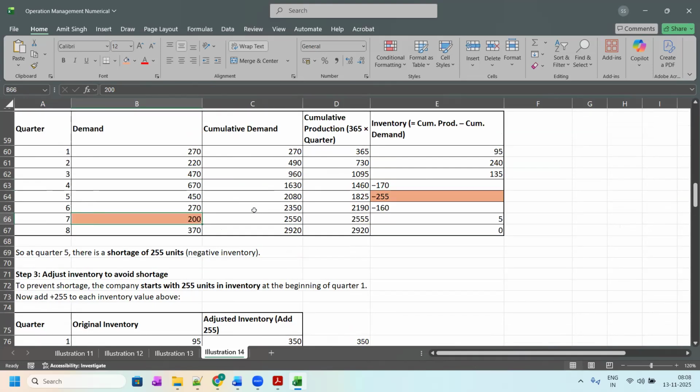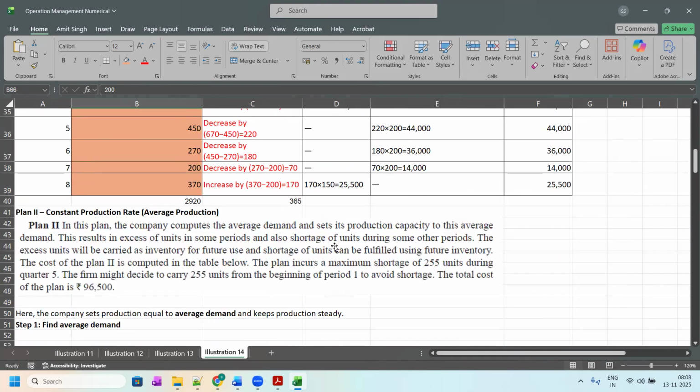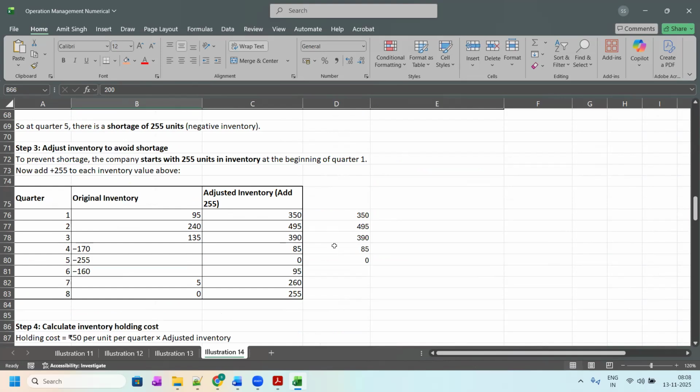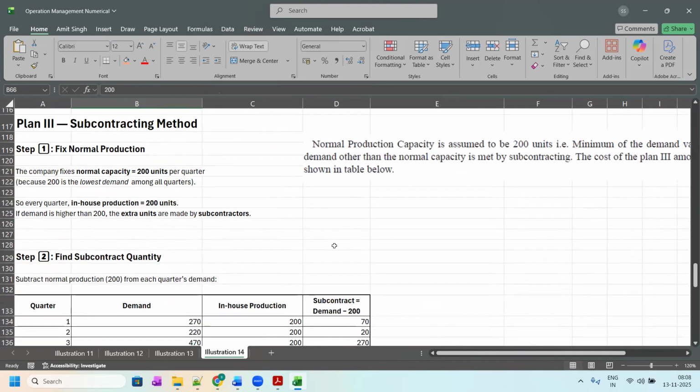You remember the bottleneck: the lowest demand from each quarter, the minimal unit demand. Looking at all the quarters' data, the minimum demand has come as 200 units per quarter. So the company fixed that they have to produce a minimum of 200 units per quarter.